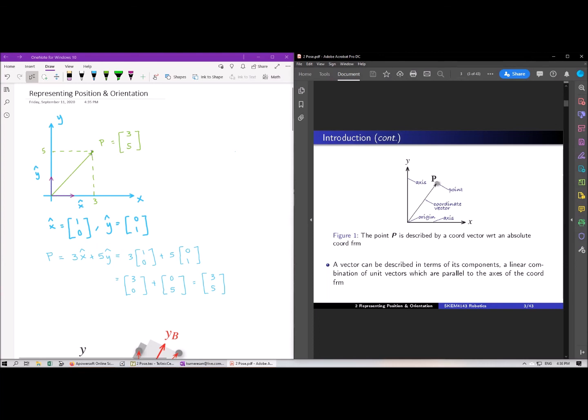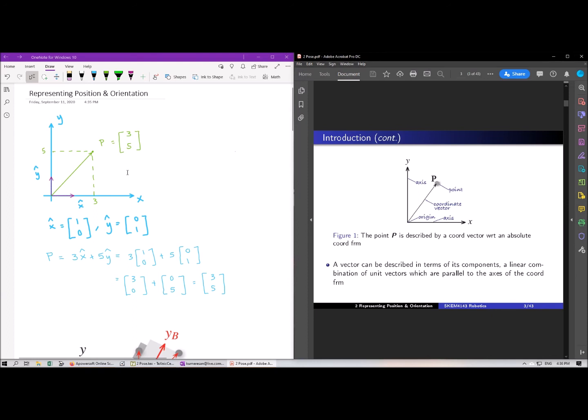So if this is the x-axis and y-axis, this is the coordinate frame. If you have a point, previously you know that a point can be represented by a vector. So if the x coordinate is 3 and the y coordinate is 5, this point P is (3, 5). This is a 2 by 1 matrix, or we call this a column vector.